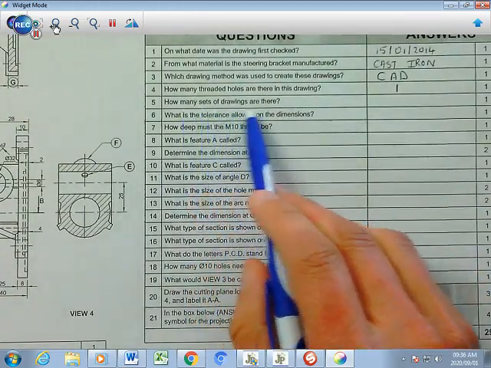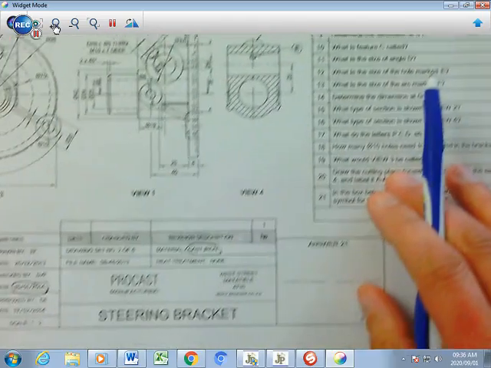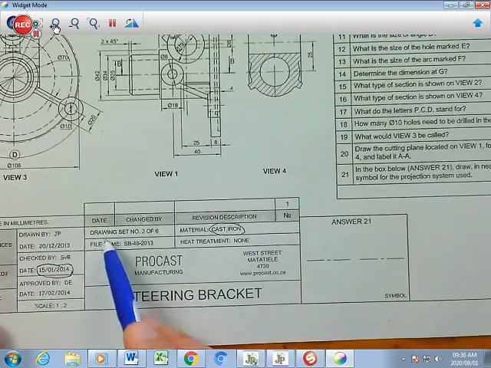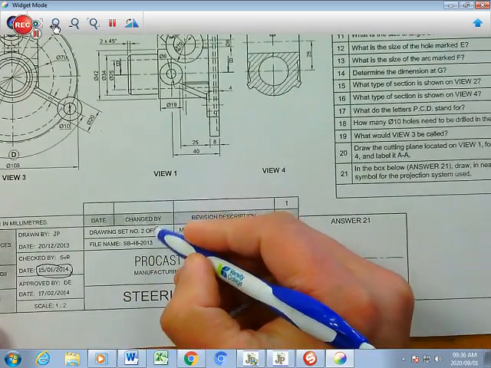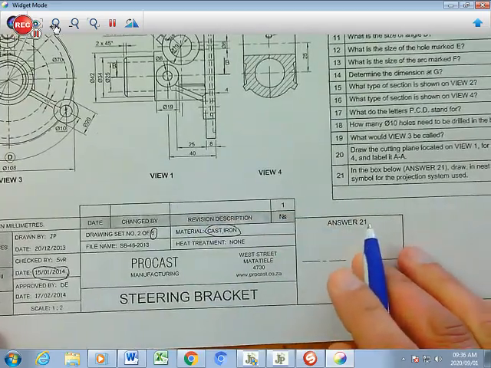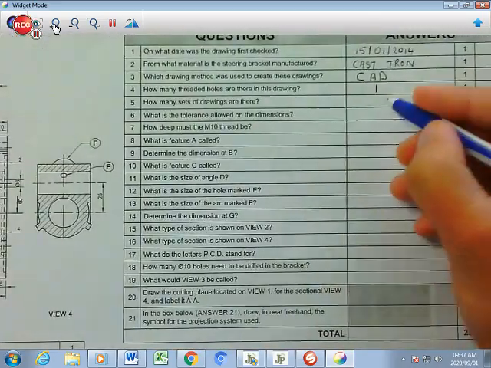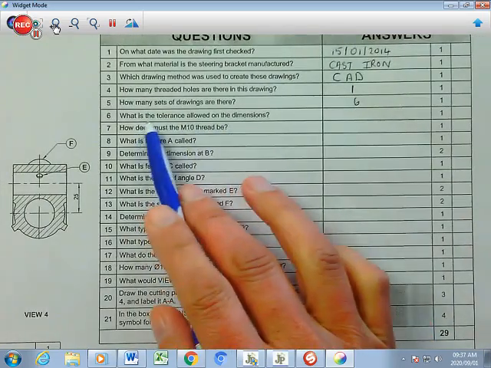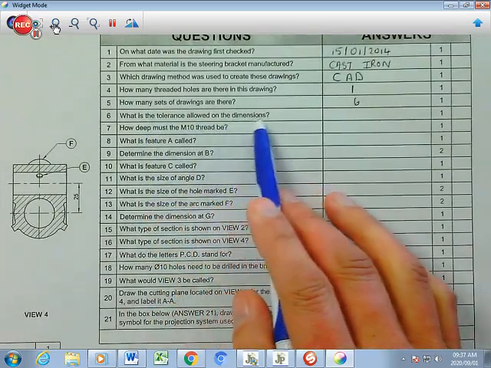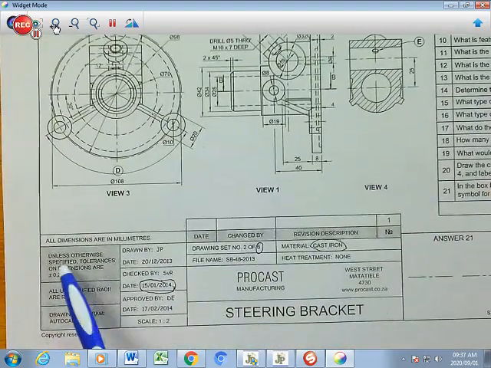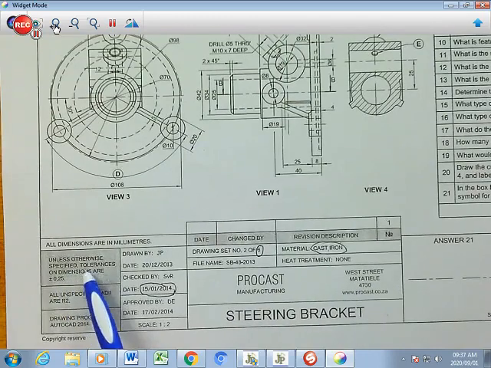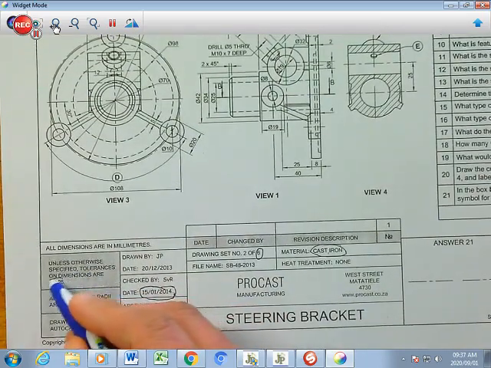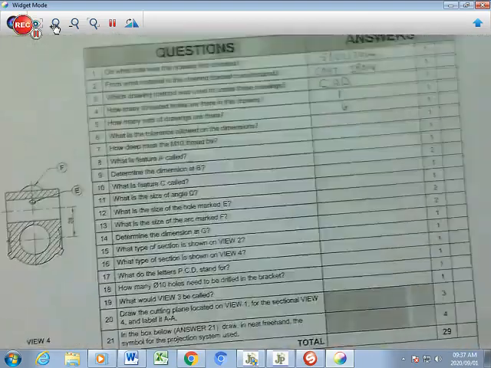How many sets of drawings are there? And we go here to the title bar, drawing sets. That is an amount of 6. Alright, and then what is the tolerance allowed on the dimensions? So you go to your title bar here and you read here, unless otherwise specified, tolerances on dimensions are plus minus 0.25.